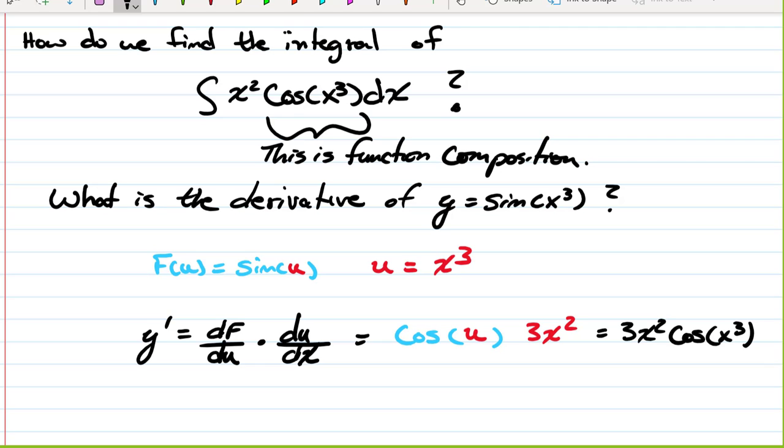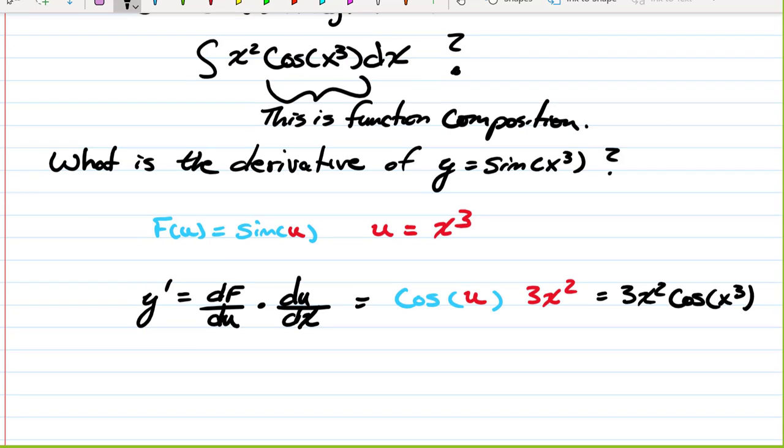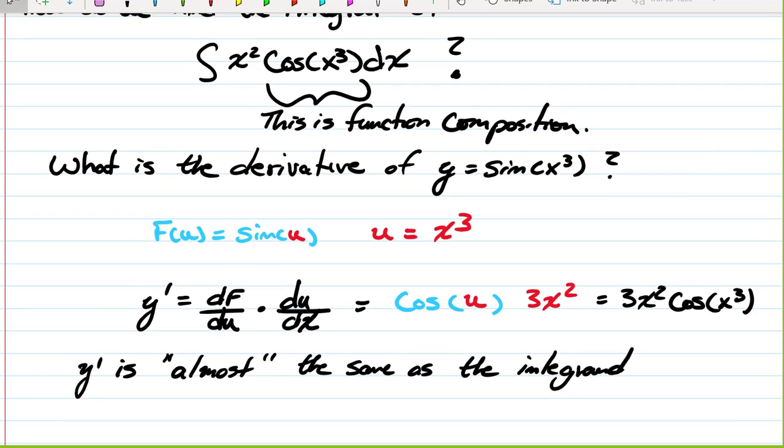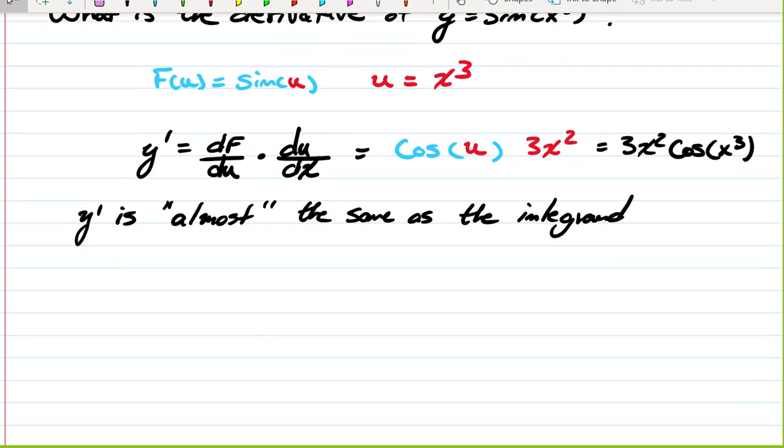And we'll notice y prime is almost the same as the integrand. So let's write all of this out again together.